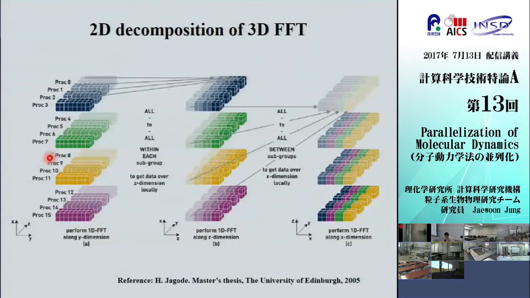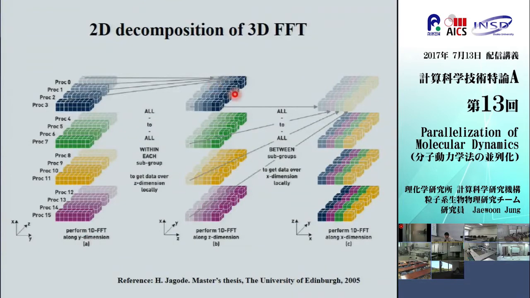First, we perform FFT in the Y direction. And each processor has the global data in the Y direction. And you can perform the FFT in the Y direction. And after that, among these 4 processors, we assign all-to-all communication. And again, among these 4 processors, we assign all-to-all communication, and so on.